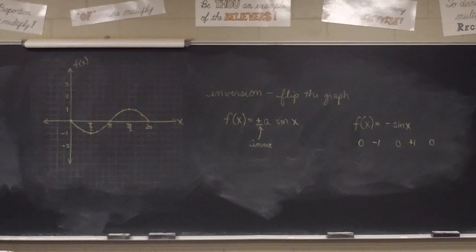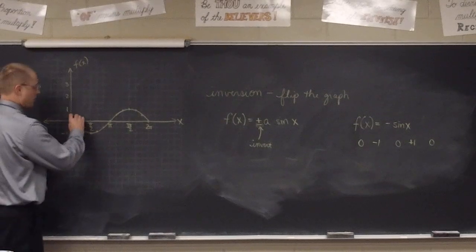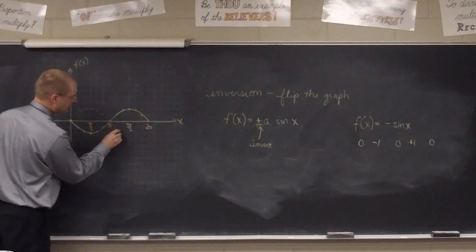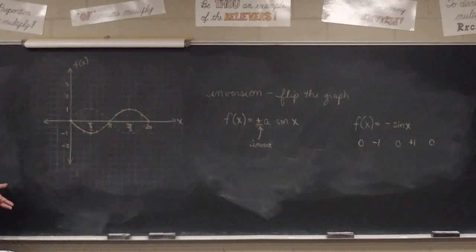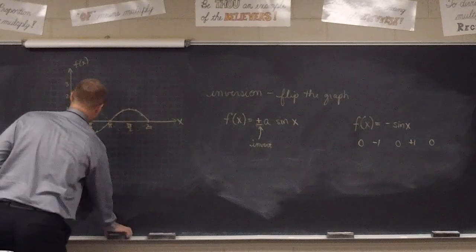It's the same curve we had before, just flipped. It used to look like that, and now it just got flipped over. Now it kind of looks like an infinity symbol. Questions on that? Let's do the same with the cosine.